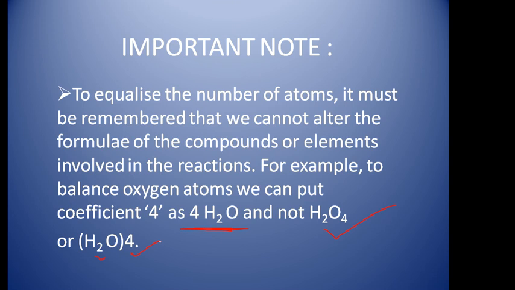You cannot write these all. You have to put the number in front of the molecular formula, and that is known as coefficient. The number which we are putting in front of the molecular formula to make the equation balanced is known as coefficient. You cannot change anything inside the molecular formula. Make this very, very clear.